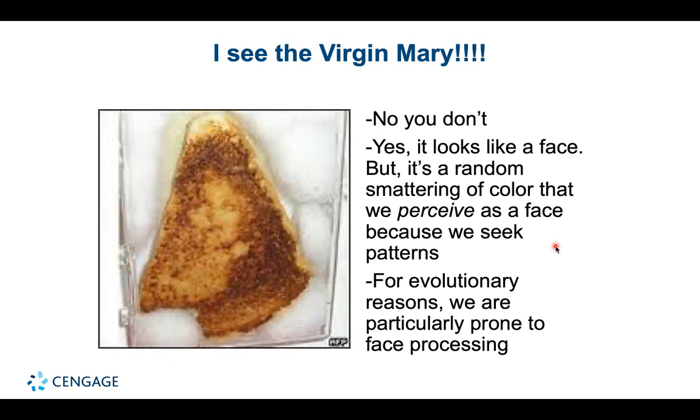Humans evolved as a social species, and the most social thing is someone else's face. And that face carries information: who they are, how old they are, what gender are they, do I know them or not, what emotions are they displaying. Faces come with unbelievably rich amounts of information that we use every day to make decisions.